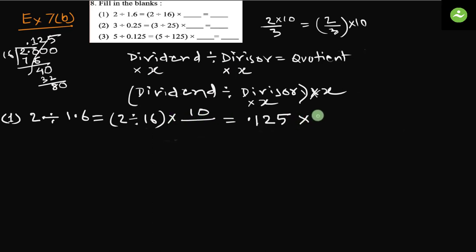We must not forget that. Now if we multiply a decimal fraction by 10, the decimal point moves one digit. So the result will be 1.25. The answer is 1.25.